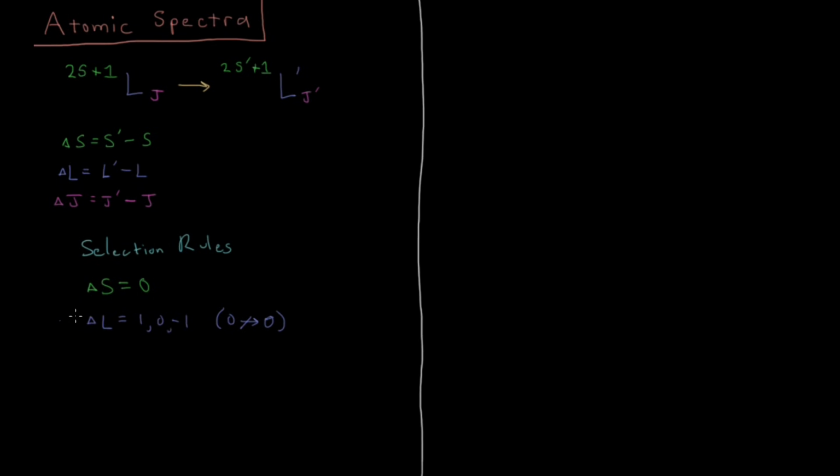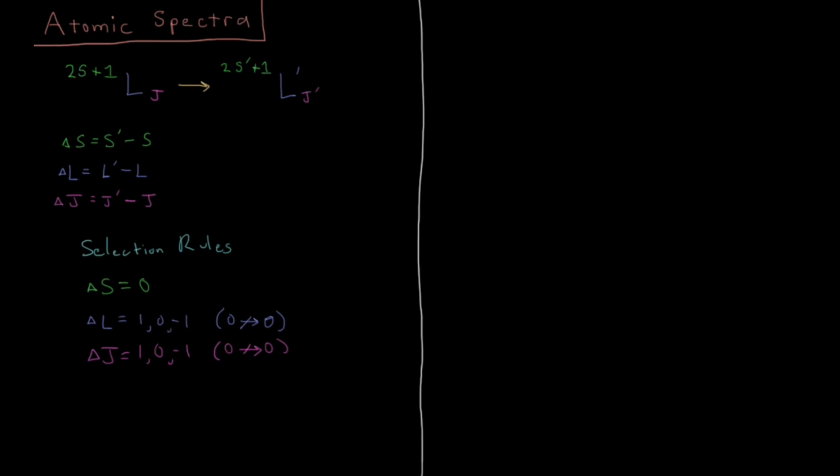So L can stay the same as long as L is not S in both cases, or L equals 0. Okay, then for J, we have the same rules as for L. We have 1, 0, and minus 1, but you cannot transition from J equals 0 to a J equals 0 state. J has to change if your J equals 0.